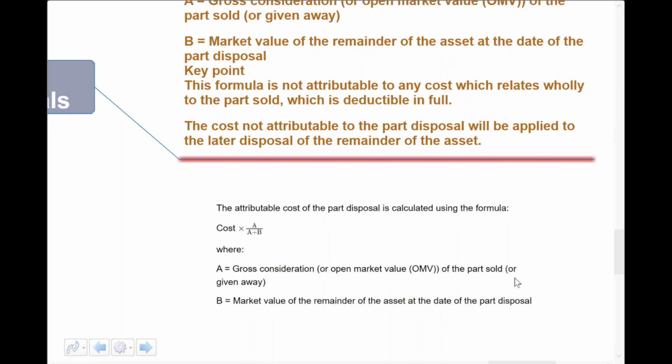So think about it, the gross consideration of the part sold, and immediately on that day, the market value of the remainder. Really, if you combine the two, we're talking about total market value, aren't we? So really what we're trying to do with this fraction, yeah, is extract out of the total original cost for the 100 acres, what value is relevant to the part disposed of.